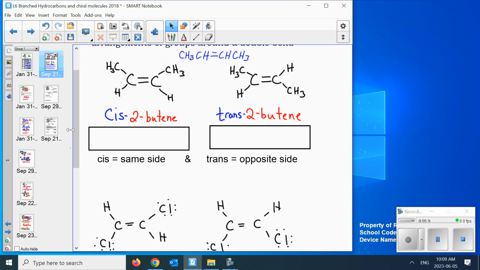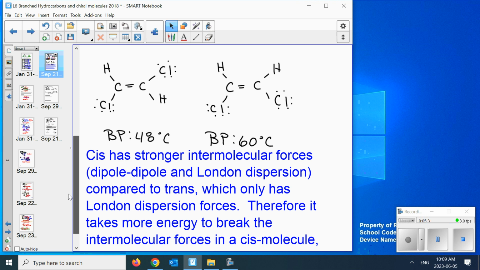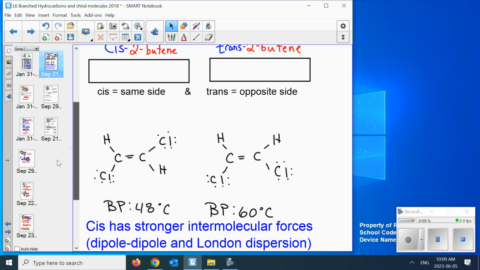And let's just take a look at this cis and trans example with chlorines attached. Now, I have a boiling point difference here. They're both the same mass. However, there has to be something that's making one higher boiling point than the other.